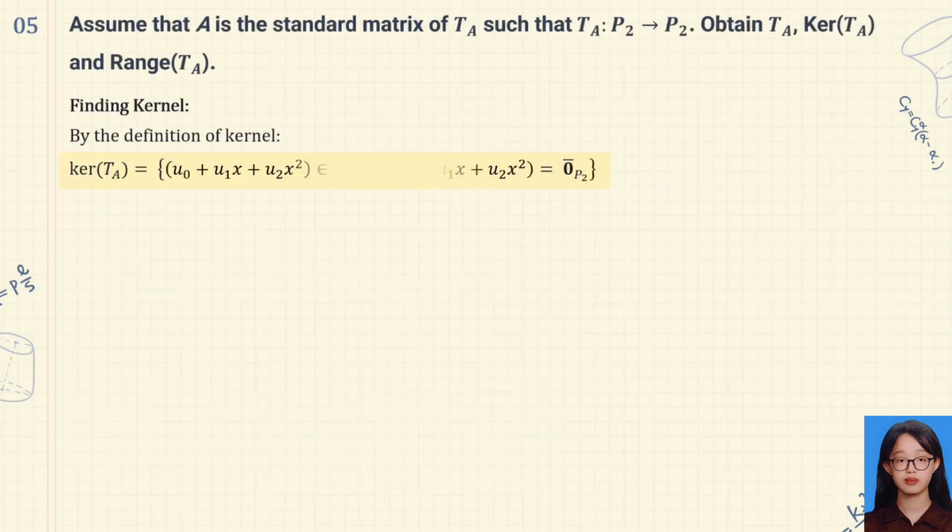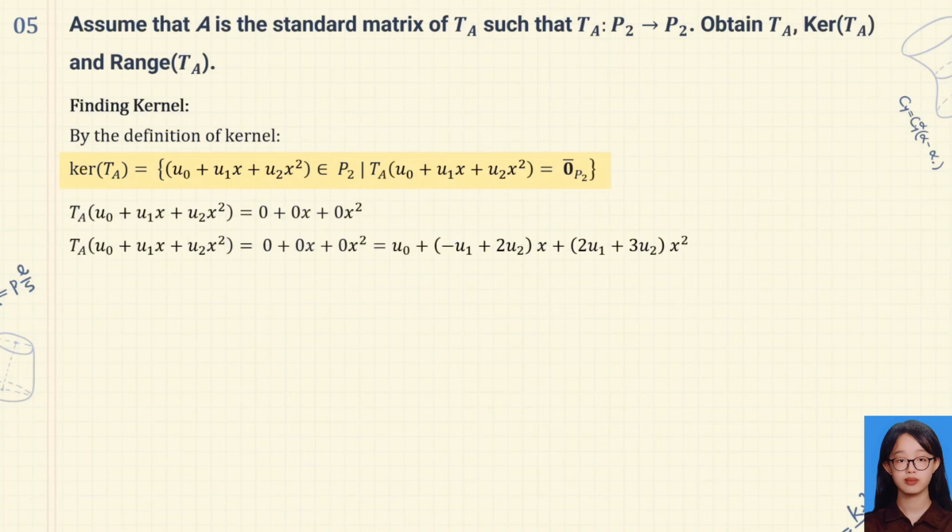To find the kernel, by the definition, ker(T_A) equals the set of u0 + u1x + u2x², which is an element in P2, given that it is mapped by T_A to the zero vector in P2. By setting the transformation to 0, we get the following system of linear equations: u0 equals 0, -u1 plus 2u2 equals 0, 2u1 plus 3u2 equals 0.